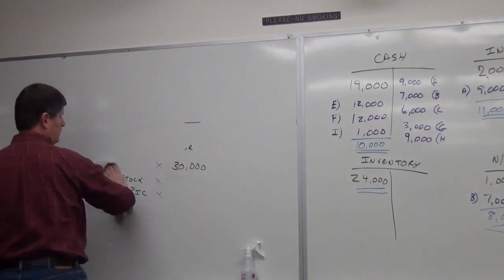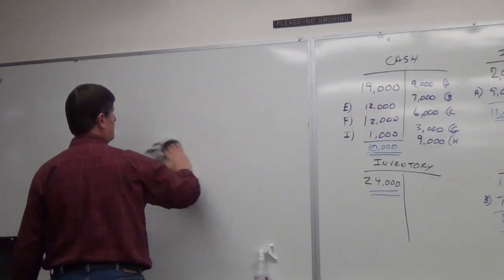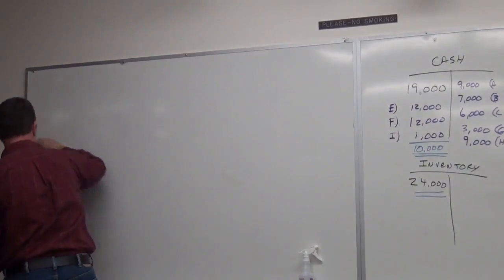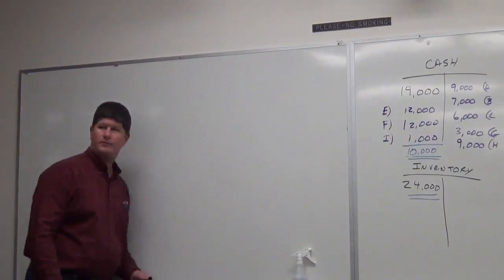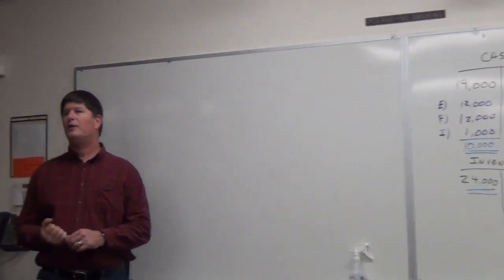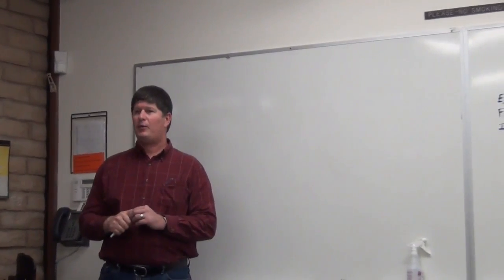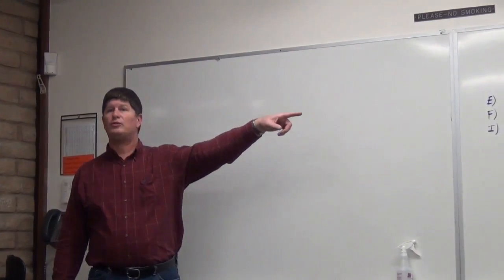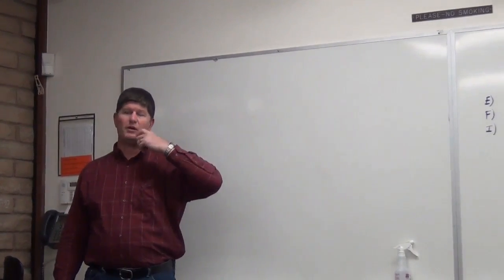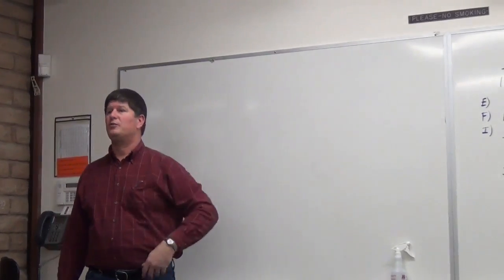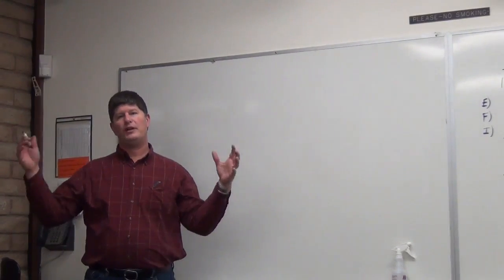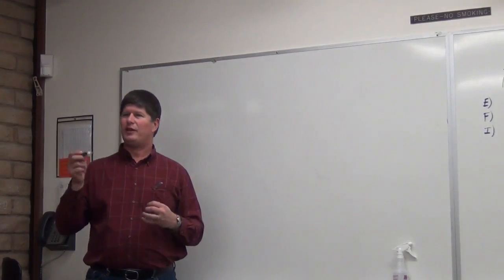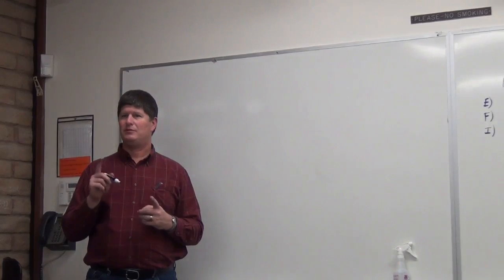Prepare a classified balance sheet at December 31st, 2012, and also compute the current ratio for 2012. And a trial balance. Okay. The next step in my world, I'm going to leave the book behind for a moment. That's your general ledger. Those are the balances in your accounts. There's numbers all over the place. We need a way to bring that all together to make it easy for us to prepare the financial statements. Good?